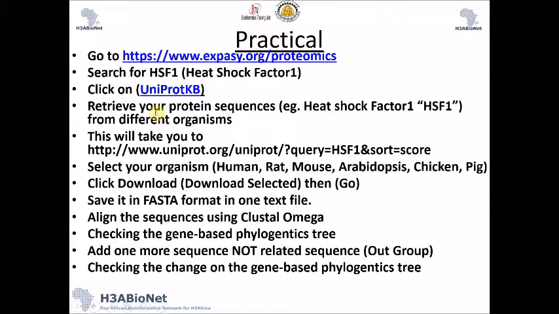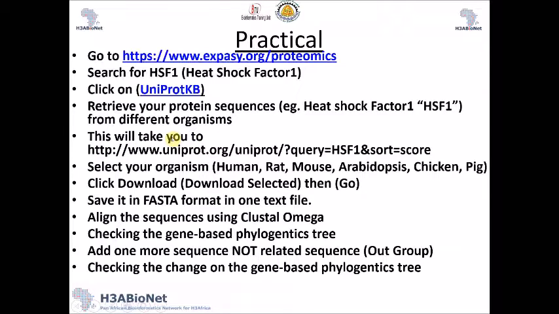And we will retrieve the sequences of human, rat, mouse, Arabidopsis, chicken, and pig. These six different organisms, for which we will retrieve the heat shock factor and download them in FASTA format and put them in a text file to use later in the next practical.